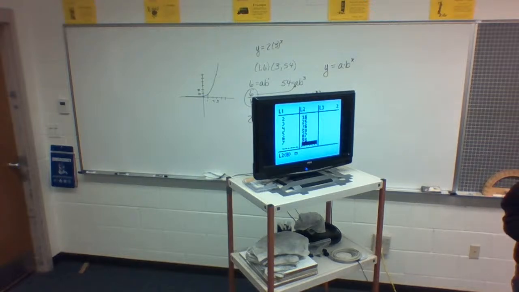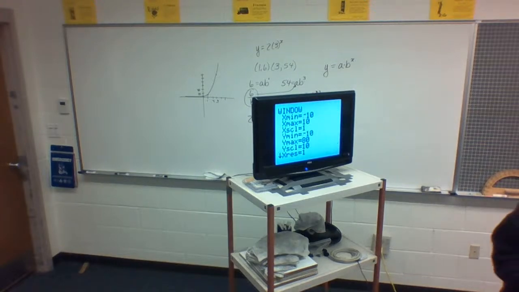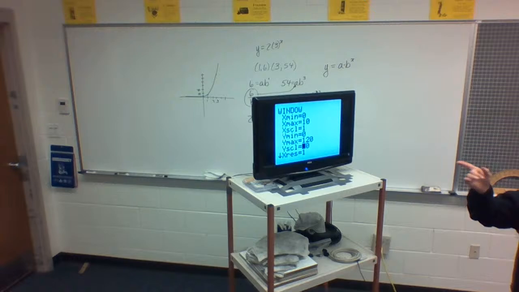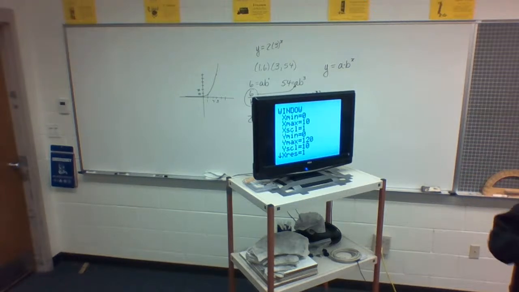No. Build a window. The x's, which was 1 through 7, we should let go from maybe 0 to 10. The y's go from 12 to 96, so I'm going to go from 0 to about 120. A little bit on the front, a little bit on the back. By tens is fine. Do you understand why I built the window the way I did? This isn't necessarily correct, but do you understand my choices of numbers? Then what do we do?